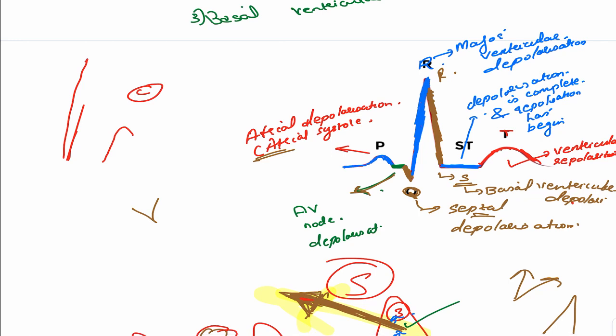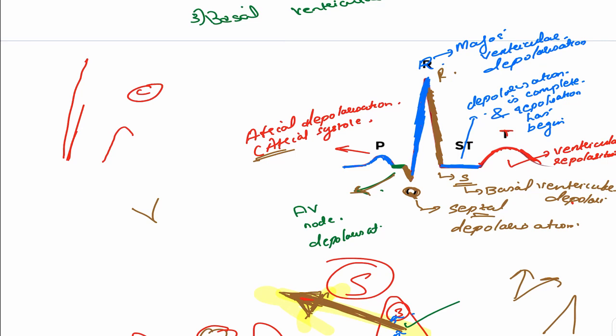Now if there is a change in axis, or some charge difference, hyperkalemia, all these things, this will bring up some changes in the T waves, which we'll see later on. So why is it deflecting downwards? Because some charge difference is taking place, some pathologies. That will be discussed later on. So this is basically ventricular repolarization.